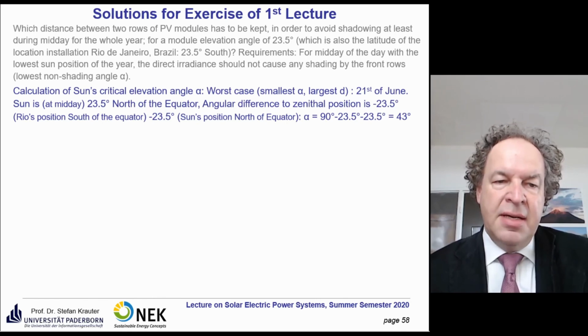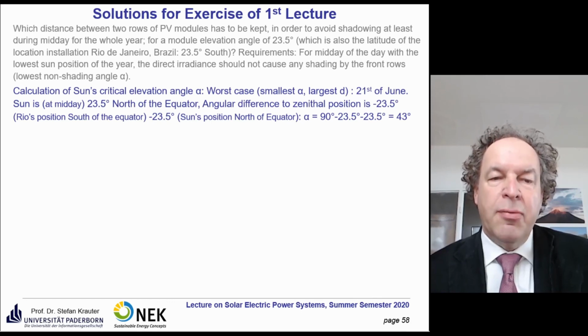The sun is then at midday 23.5 degrees north of the equator. This is our summer, because it's approaching us. The maximum it gets towards north is 23.5 degrees.